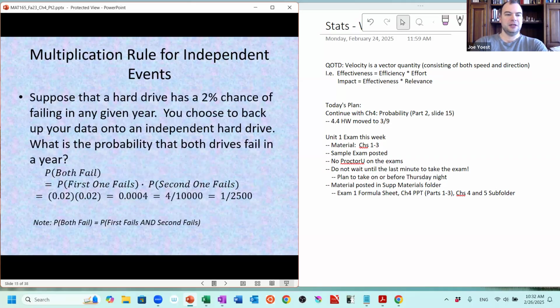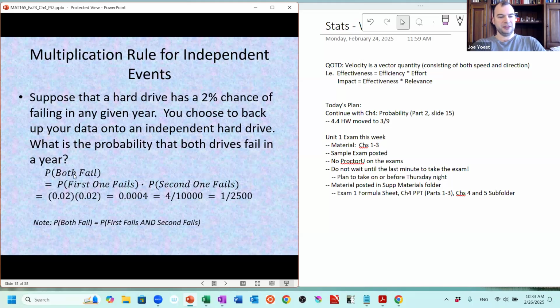Okay, so let's take a look at an example here. Suppose that we know from experience that a hard drive has a 2% chance of failing in any given year. So we choose to back up our data onto an independent hard drive. So we're assuming independence here. And the question is, what's the probability that both drives fail in a year?